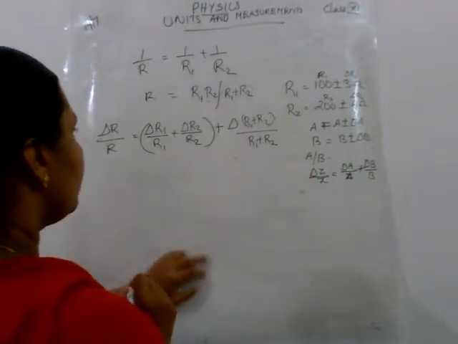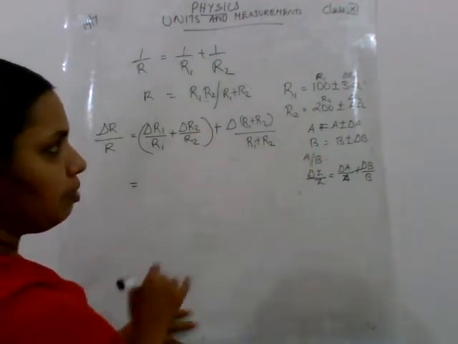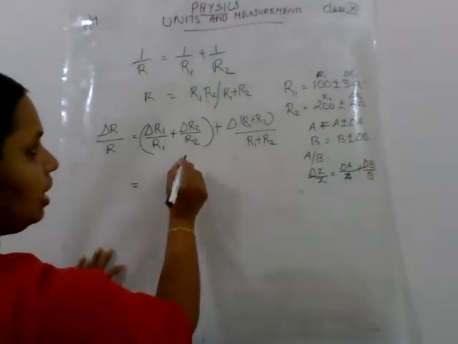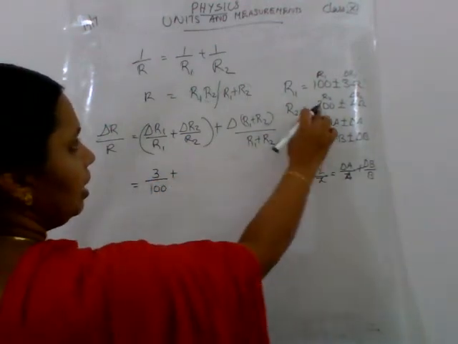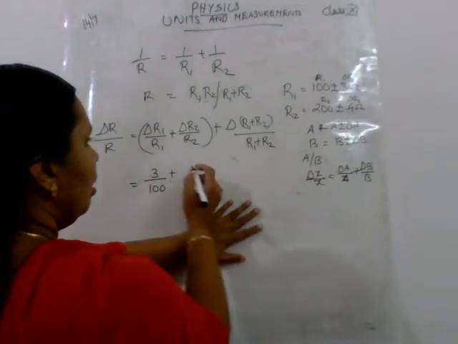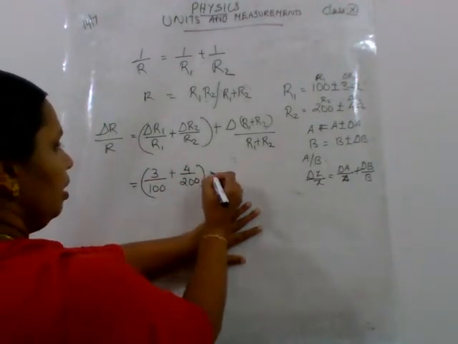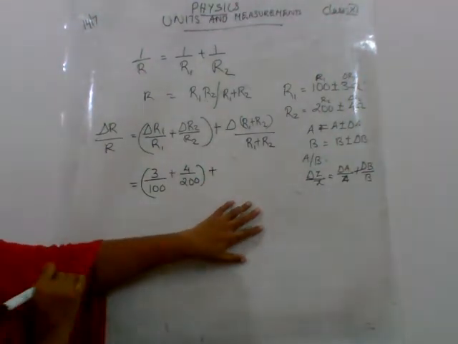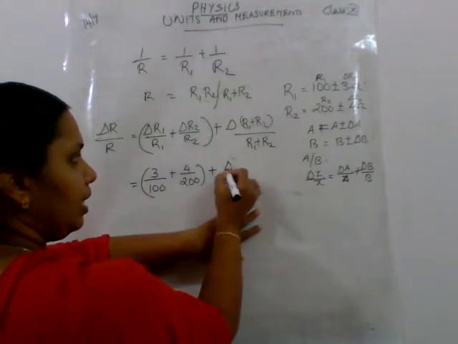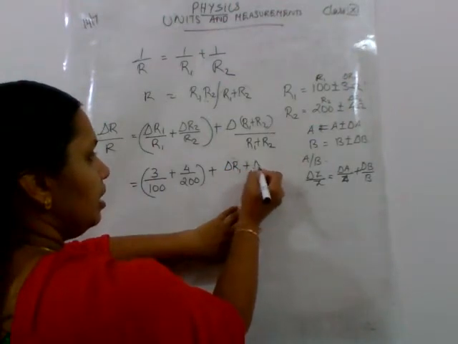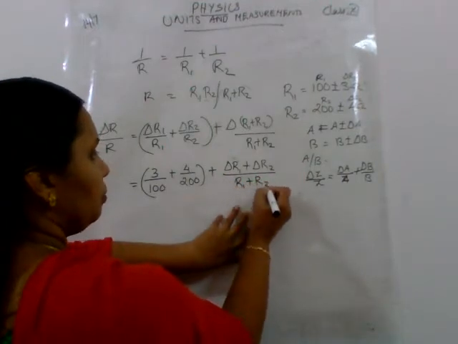Then we can substitute everything we know. What is delta R1? It is 3 divided by 100 plus delta R2, 4 divided by 200, plus delta R1 plus delta R2 divided by R1 plus R2.